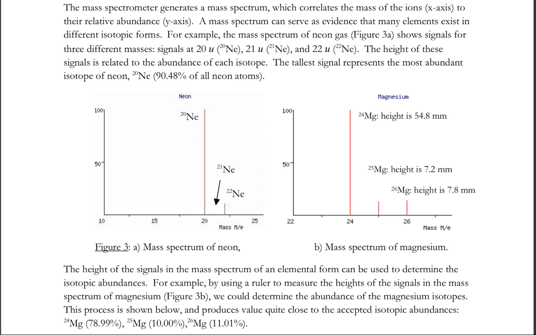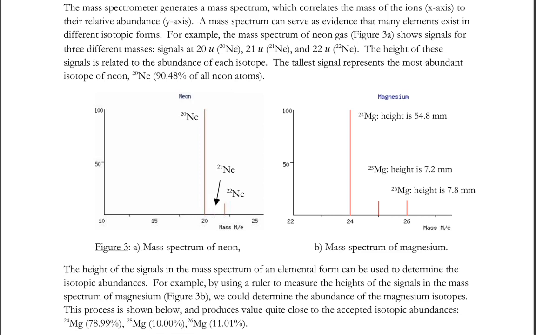The y-axis is, you might say, the number of hits. The x-axis is the mass. From the x-axis, we get the mass of each isotope. From the height on the y-axis, we get the abundance.